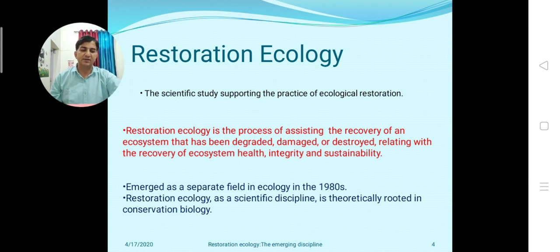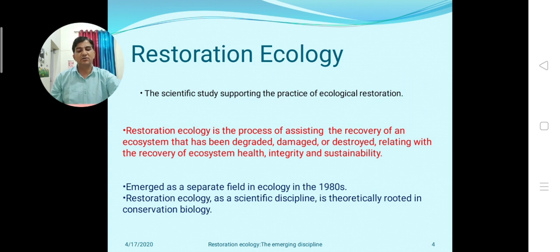More often, however, restoration requires multiple efforts because multiple changes have pushed ecosystems beyond their ability to recover on their own. So, in that case, we cannot rely or depend directly on succession only. We need to have some interventions.